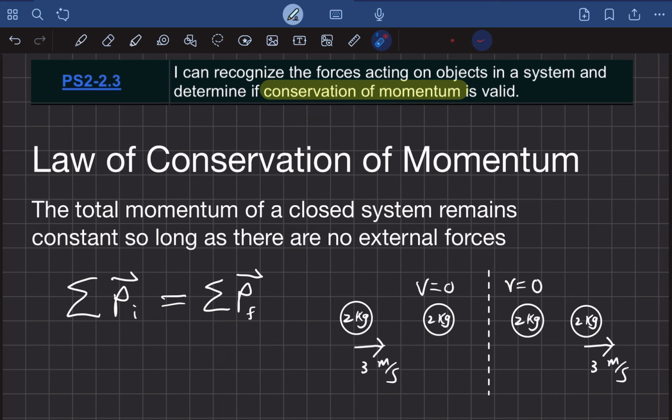This would be like trying to apply the quadratic equation to a straight line.